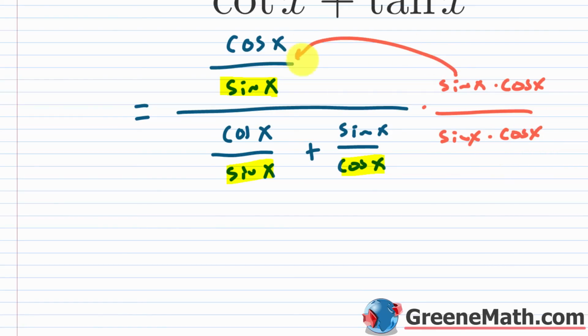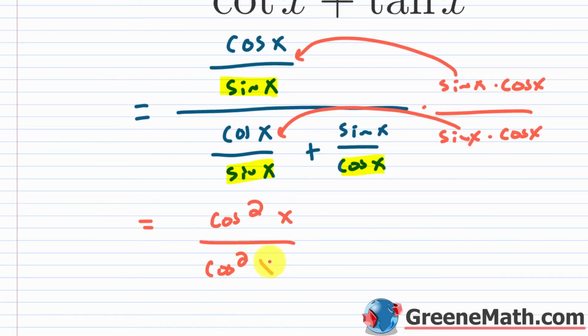So this gets distributed here, and you can see that the sine of x's would cancel, and so what you would have is cosine squared x. Then this guy goes here, and you would have your sine of x cancel with your sine of x. So you have cosine of x times cosine of x, so that's cosine squared x.